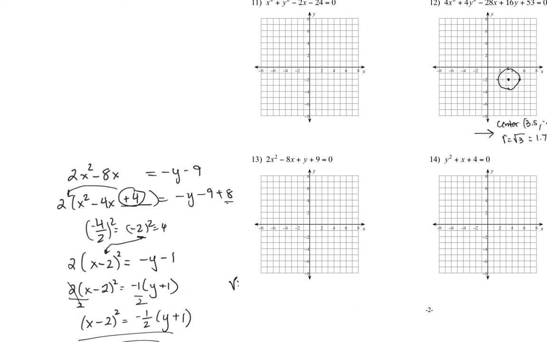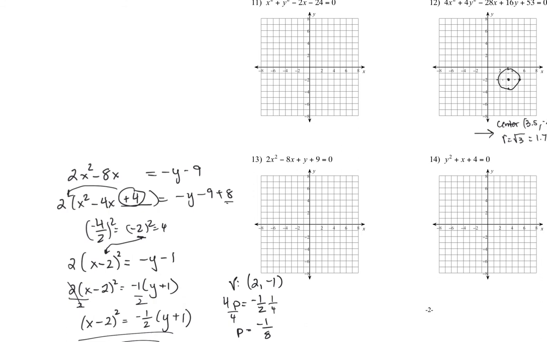So vertex is the coordinate 2, negative 1, and then p is equal to, remember we're going to set it equal to, so let's do it this way, 4p equals negative 1/2. So we divide by 4, really I'm multiplying by 1/4. So p is negative 1/8. Right?